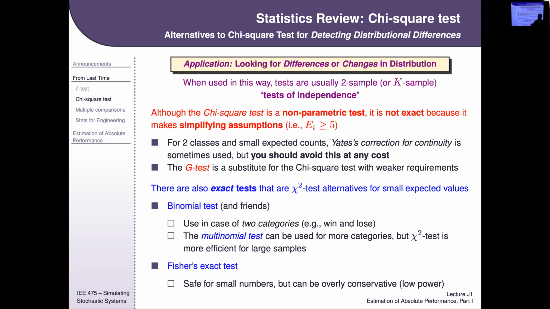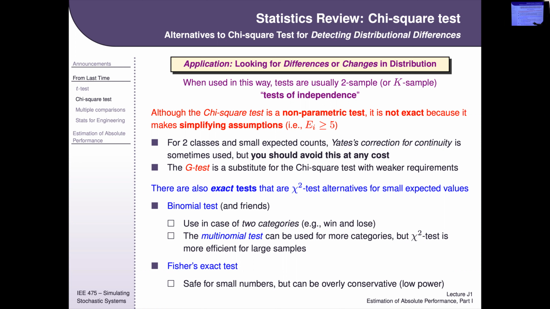And you look at that distribution, and then your question is, does the shoe change that distribution of counts across those bins on a Likert scale? You can use a chi-squared test to test for whether the shoe makes a difference to the distribution. And that is a so-called test of independence. So we have been using chi-squared as a goodness of fit test, but it is also used as a test of independence, where you're saying, is the distribution of responses independent of the shoe type? So that's another way we can test that.